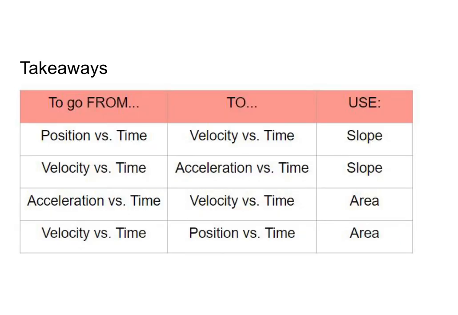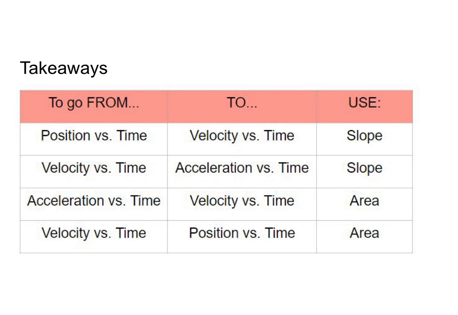So a couple of takeaways. The way that I'm going to express these takeaways is a little different, as you can see. I'm going to use a table. So to go from a position versus time graph to a velocity versus time graph, I'm going to use slope. To go from a velocity versus time graph to an acceleration versus time graph, I also find slope.